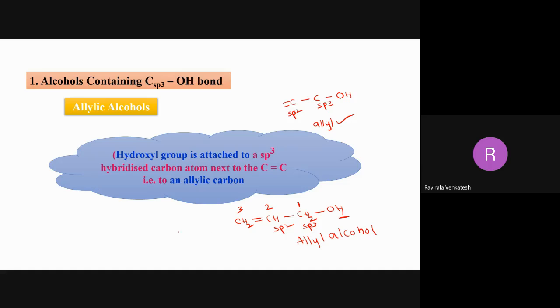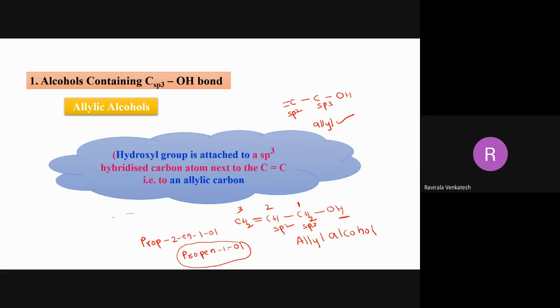Now it will be called actually prop-2-en-1-ol. प्रोप डबल बॉन्ड कहां है अभी? सेकेंड कार्बन पे डबल बॉन्ड. 1 is having ol. ये आप ऐसे भी लिख सकते हैं, propenol, also we can write propen-1-ol, also you can write here. Both are correct here.